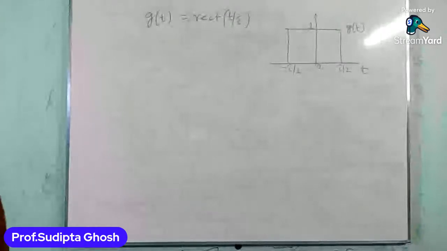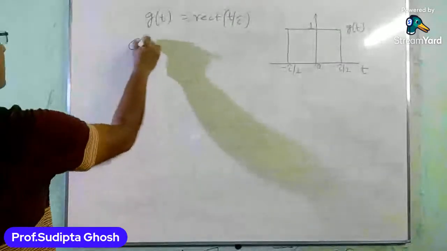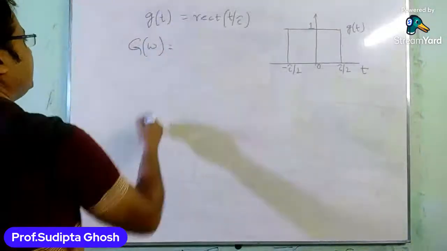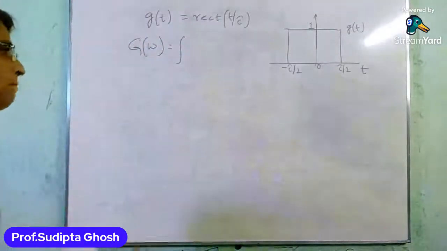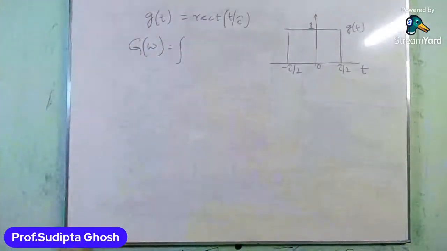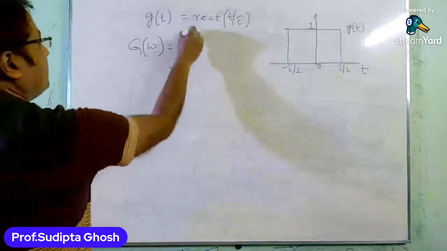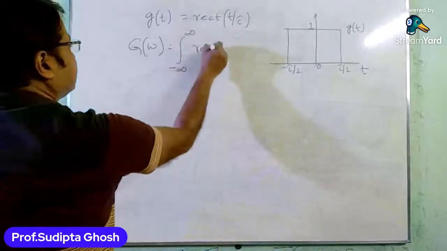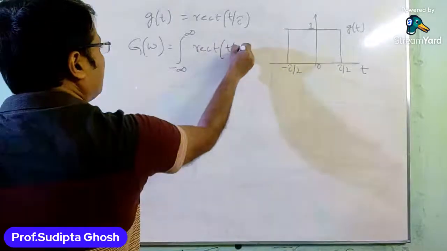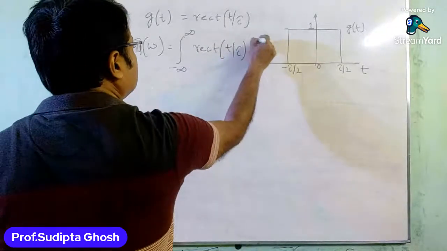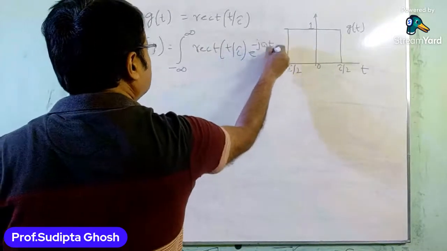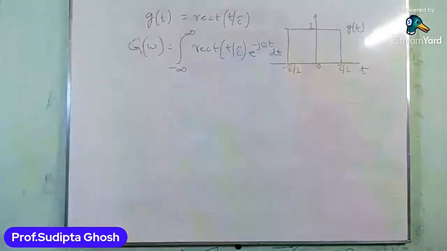As we know, writing the Fourier transform, G(ω) equals the integral from minus infinity to plus infinity of the function itself, rect(t/τ), times e to the power minus jωt dt. This is the definition.